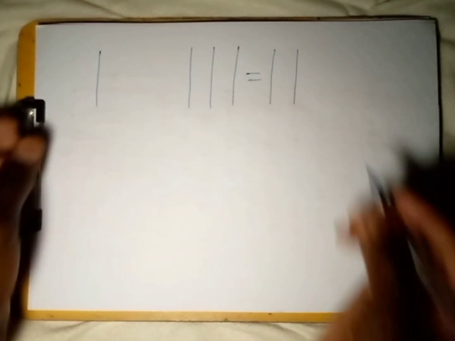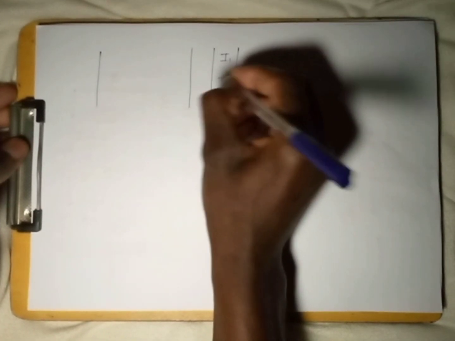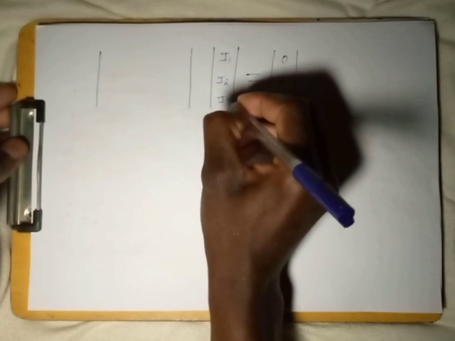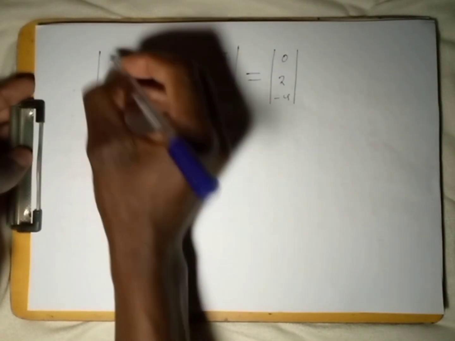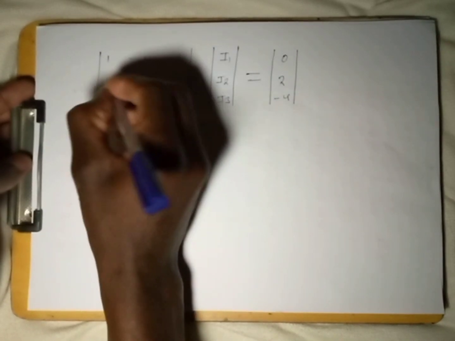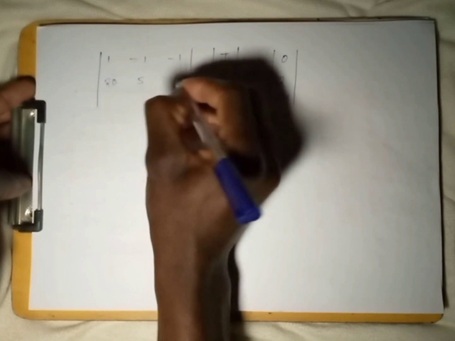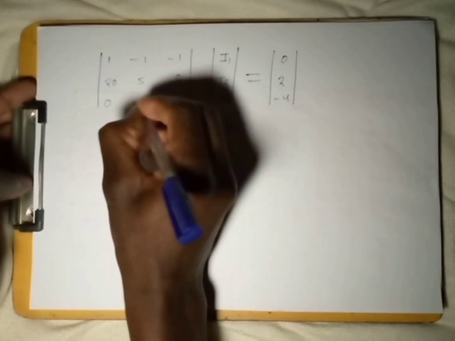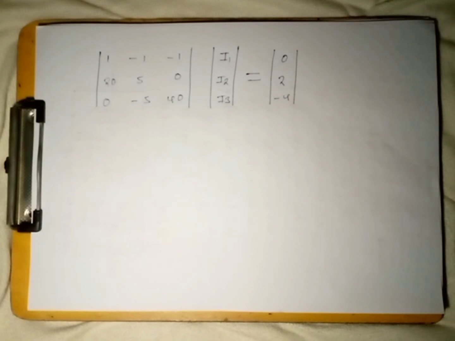Okay, so on the part of equal sign, we have 0, 2, minus 4. Here, I1, I2, I3, and the variables are 1, minus 1, minus 1, 20, 5, 0, 0, minus 5, and 40.